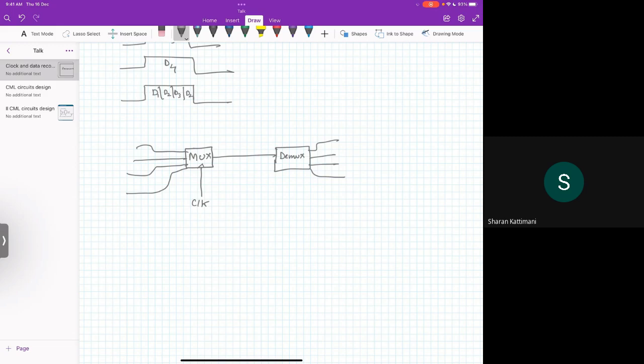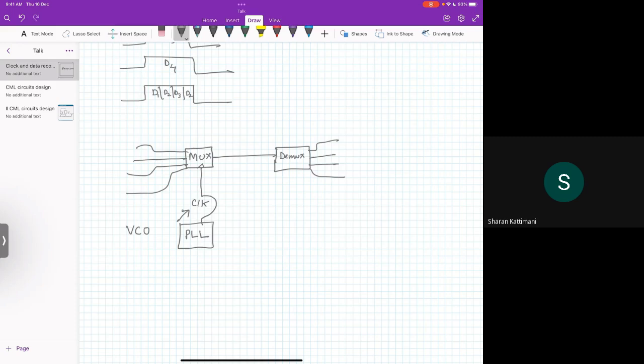Okay, so now this clock cannot be a normal clock, because in general we can generate sinusoidal signals using oscillators. So let's take a VCO, voltage controlled oscillator. This is not going to work. Okay, so you need to have a pure clock here, so that there is no phase variation in the data. That is why you need to have a phase lock loop connected here to provide a clock to the mux.